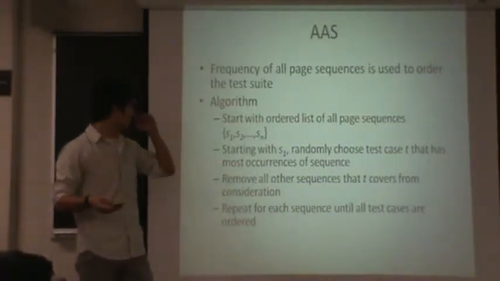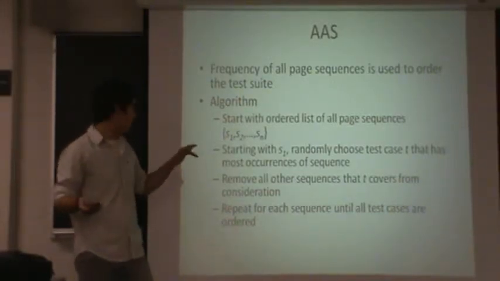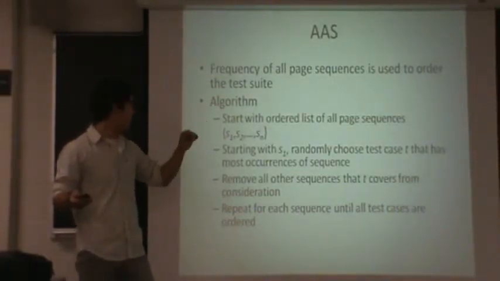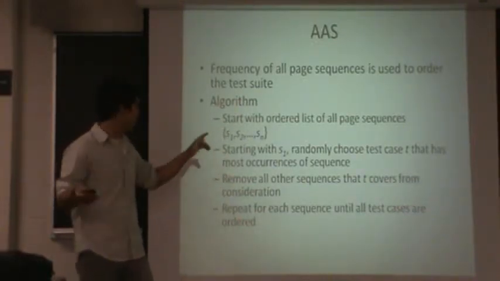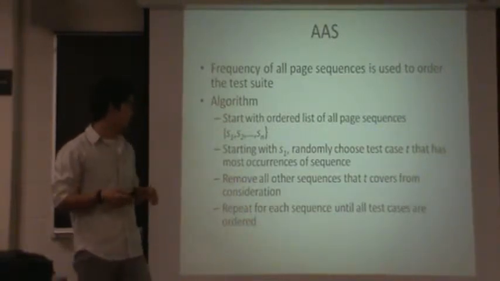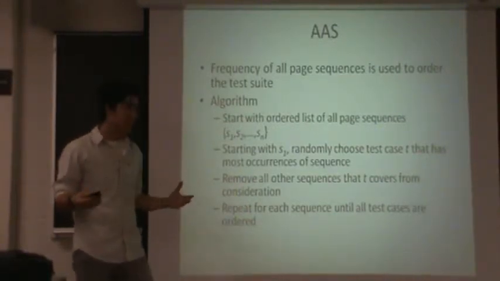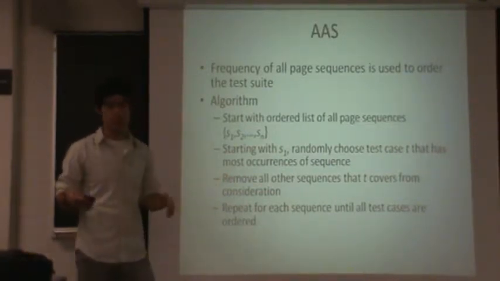So here's the algorithm. First, we start with an ordered list of all page sequences from S1 to Sn. S1 here would be the most frequently accessed sequence, because they're ordered from most frequently accessed to least frequently accessed. Starting with the most frequently accessed sequence, we randomly choose a test case that has the most occurrences of that sequence, because there may be more than one.